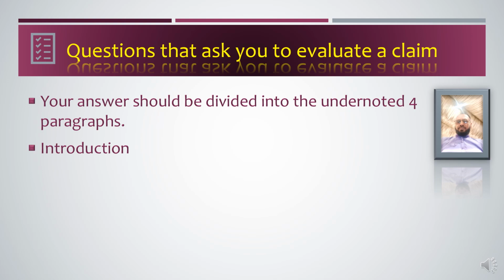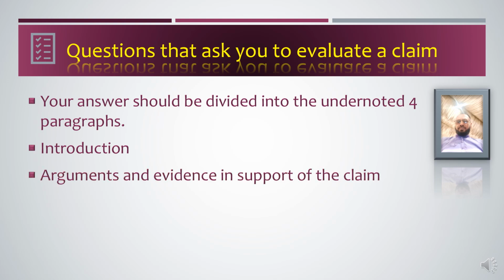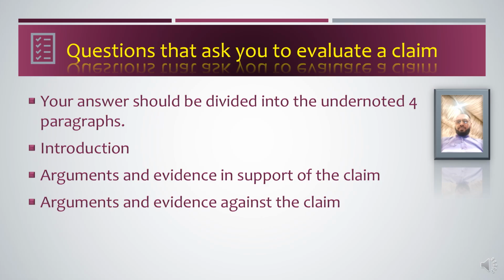The first section is the introduction. The second section is argument and evidence in support of the claim. That can be 2 or 3 paragraphs, depending on the points you are going to add to your answer. Then, arguments and evidence against the claim. Again, you can write 2 or 3 paragraphs for arguments and evidence against the claim, depending on the number of points you have been asked to discuss.